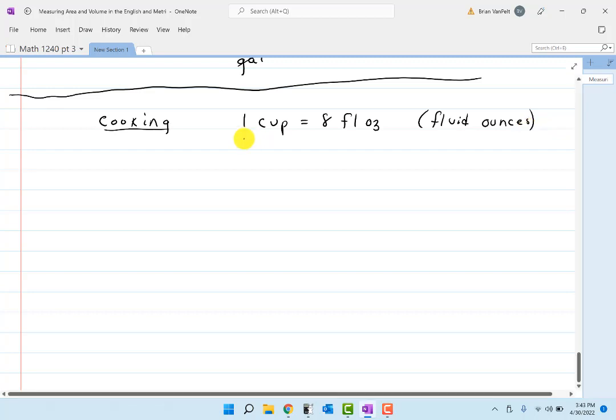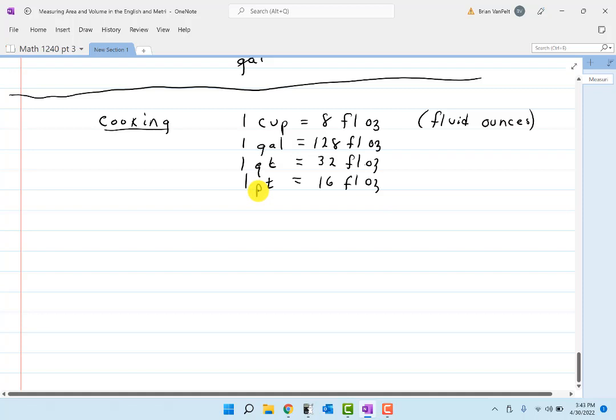So I have then 1 gallon equals 128 fluid ounces. We have 1 quart equals 32 fluid ounces. And they keep going down. I haven't done this one yet. 1 pint is 16 fluid ounces.